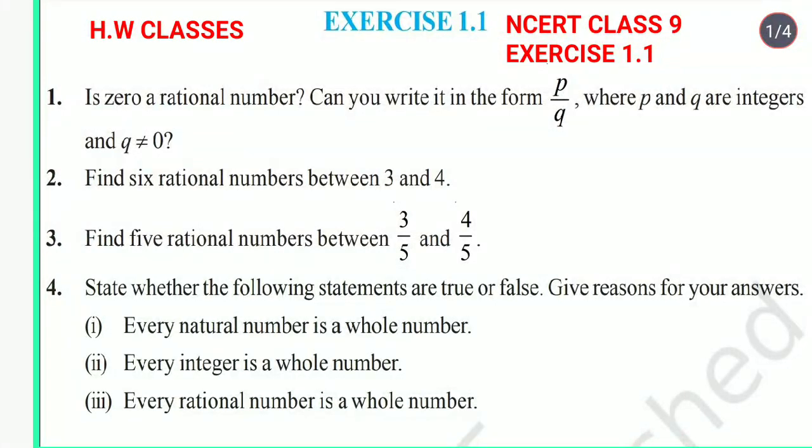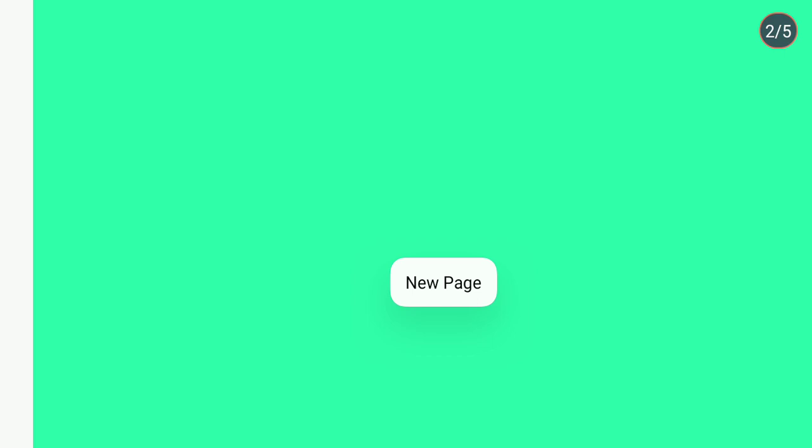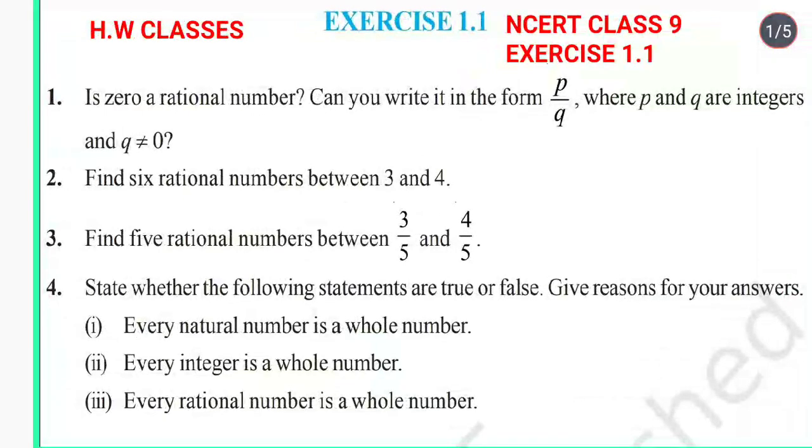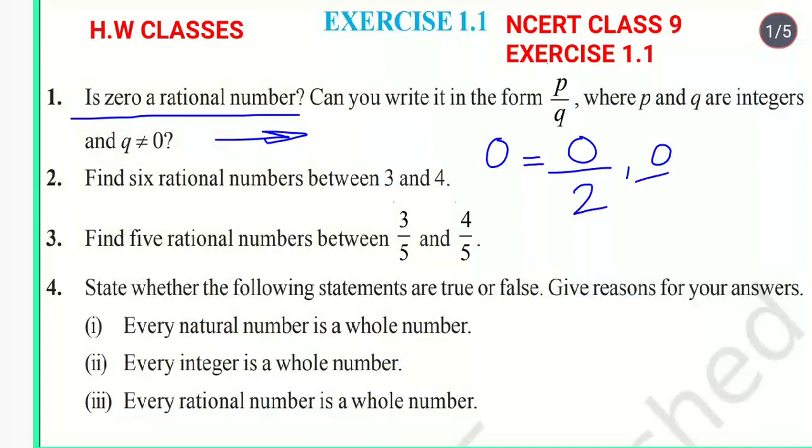The first question is: is 0 a rational number? You can say that yes, 0 is a rational number. We can denote it in the form of p by q. You can say that 0 is equal to 0 by 2, 0 by 3, 0 by 4, 0 by 5 and so on.